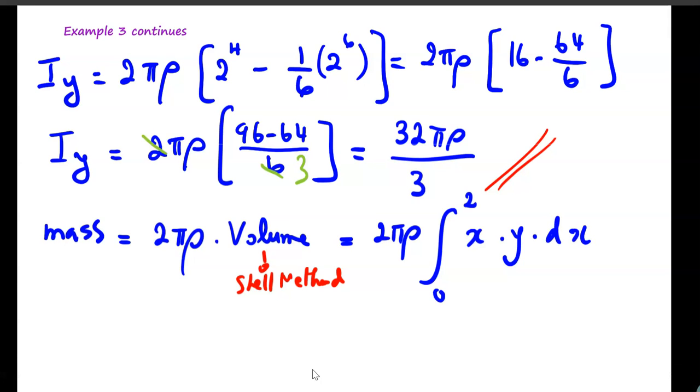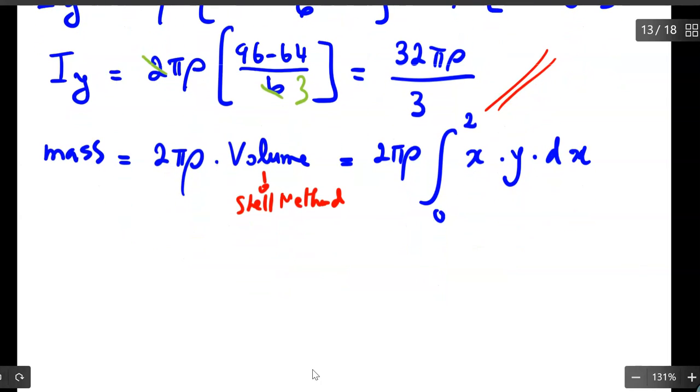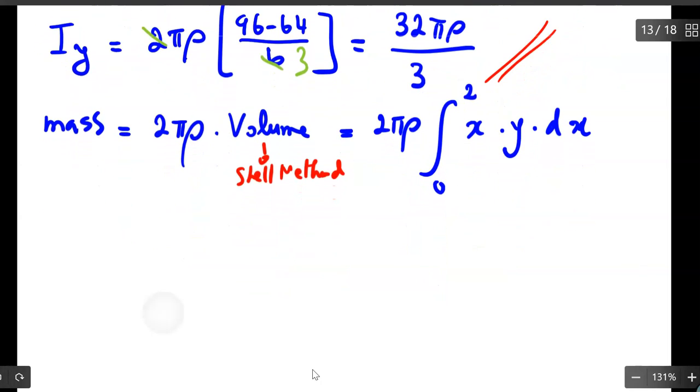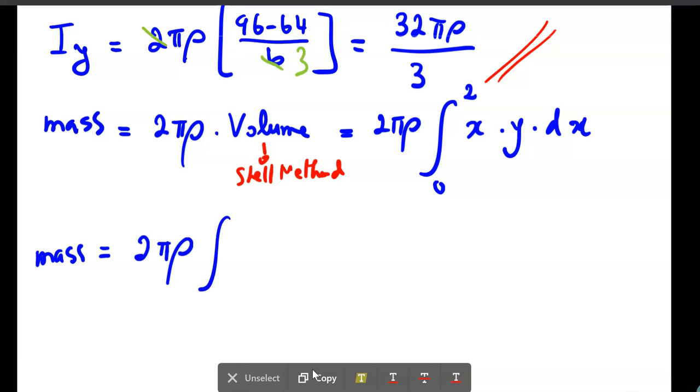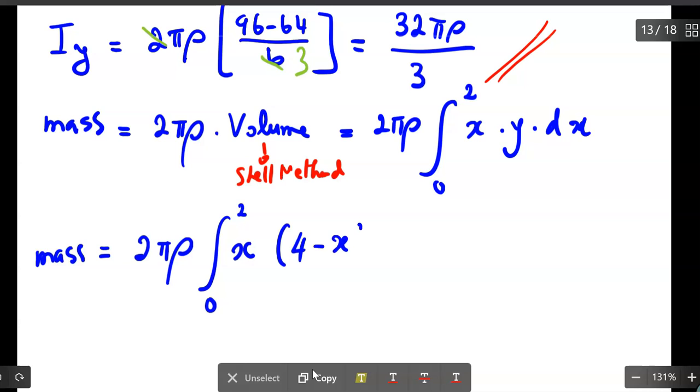Alright, okay. And mass is equal to 2 pi rho, the integral from 0 to 2 of x. The y in this case is 4 minus x squared.